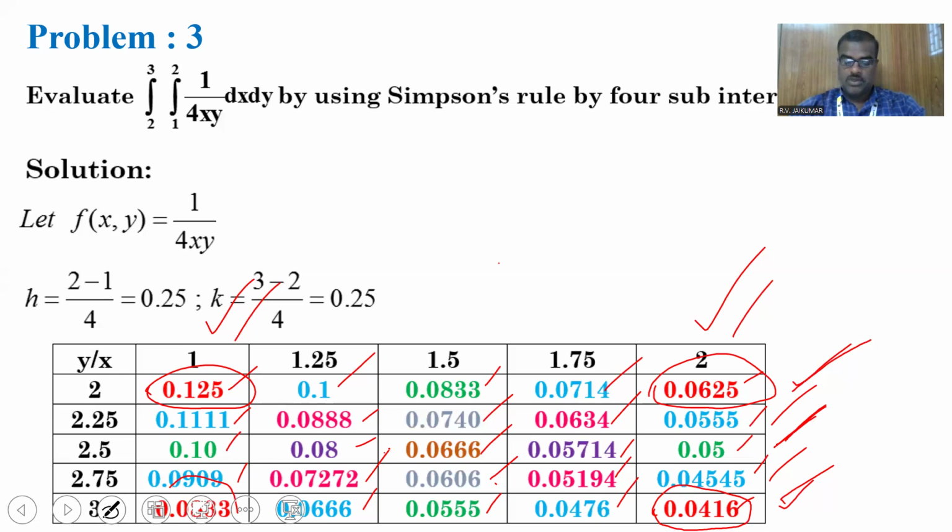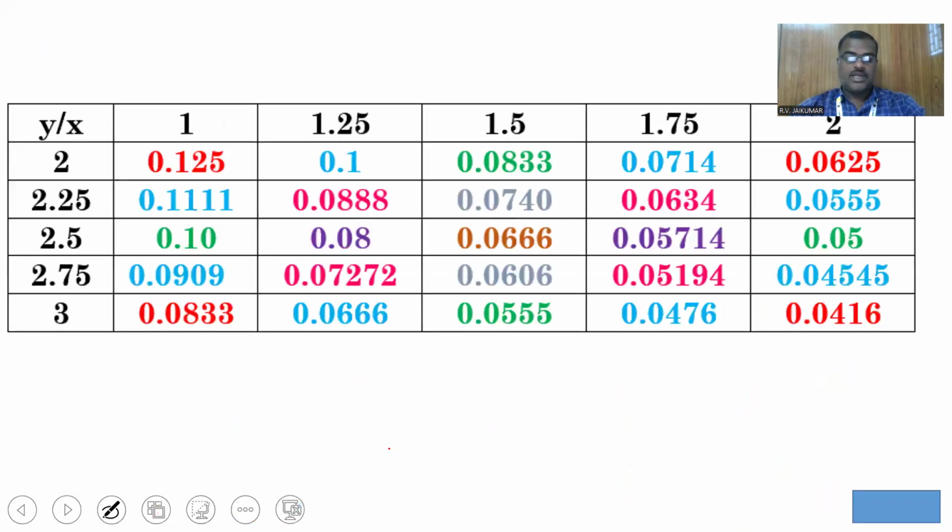Okay. Now we can substitute all these values in the formula, right? As you can see on the screen, here we have used 7 colors. Red color indicates corner values, green color indicates odd position on the boundary, blue color indicates even position on the boundary, right?